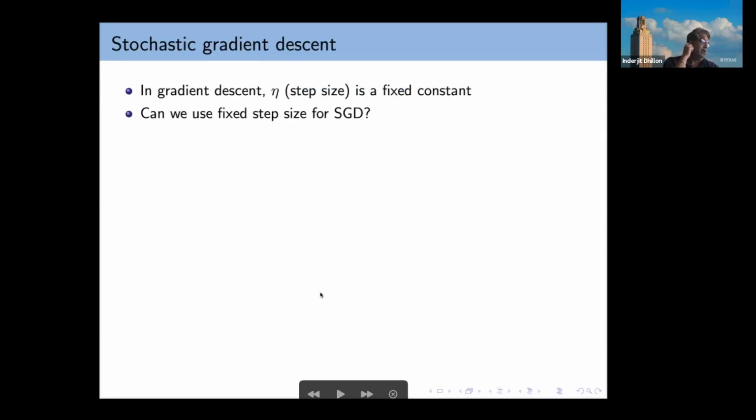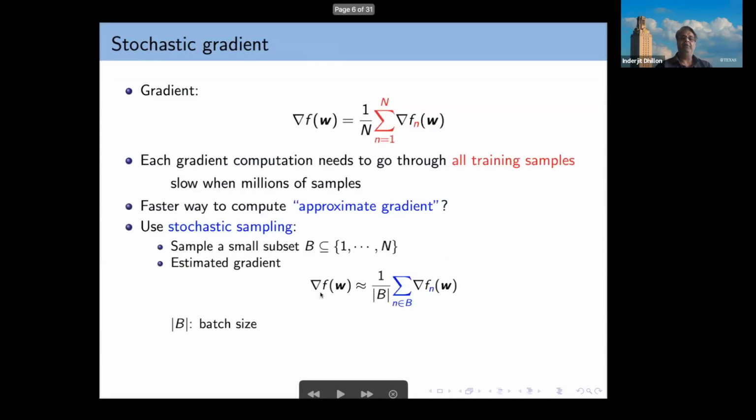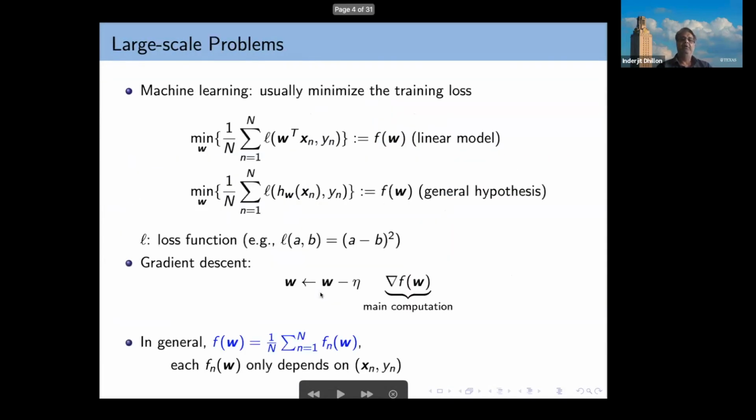Okay. Now let's think a little bit about step size. Before, I said that in gradient descent, you can actually choose the step size to be a constant. And why can you choose it to be a constant? Well, F is typically going to be some convex loss, and we want to find the minimum.